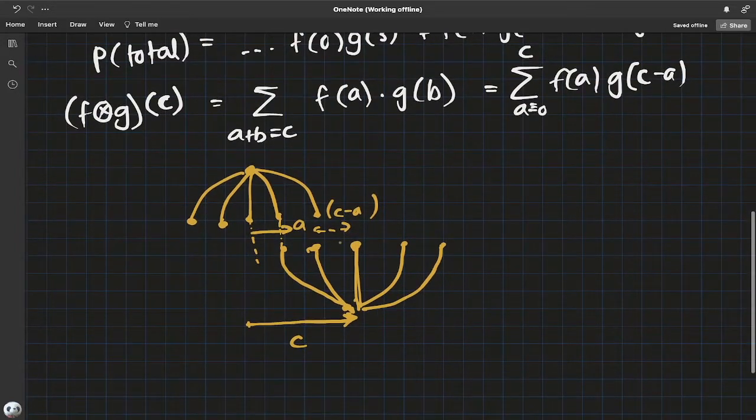And then for the bottom guy, we're taking stuff that's going from, say, when a equals 0, we have c. So from here, we're going in the reverse direction, and then we're ending at this point.